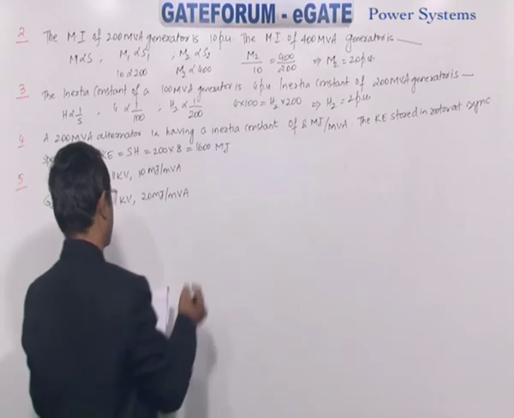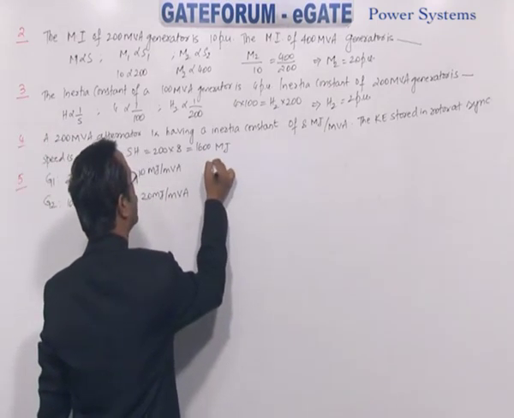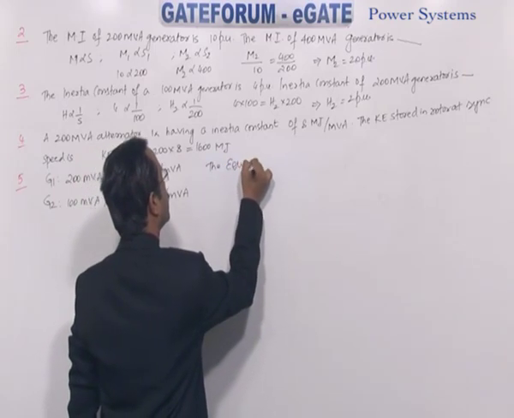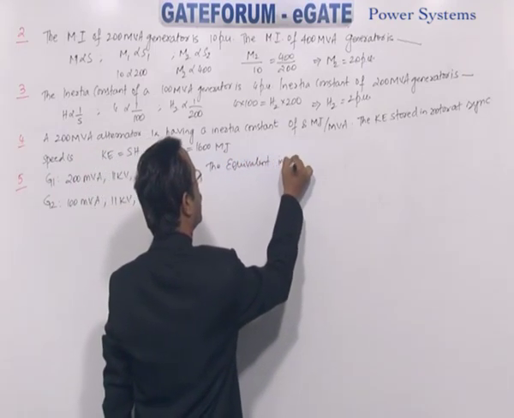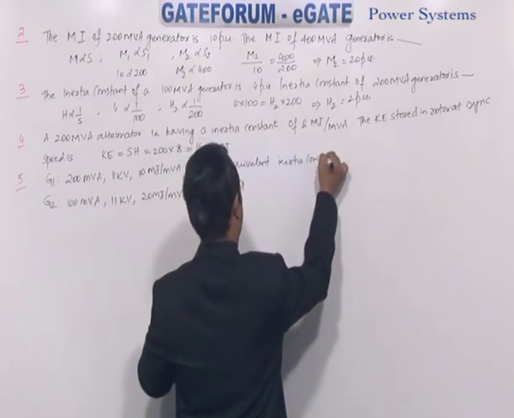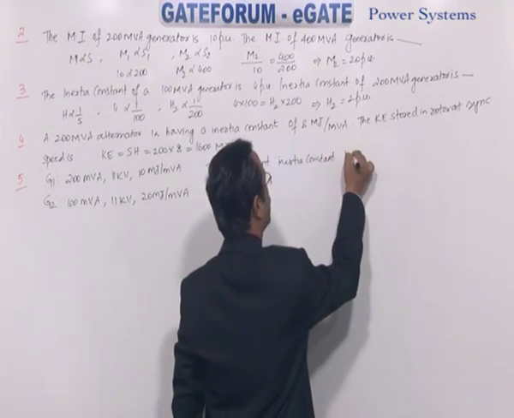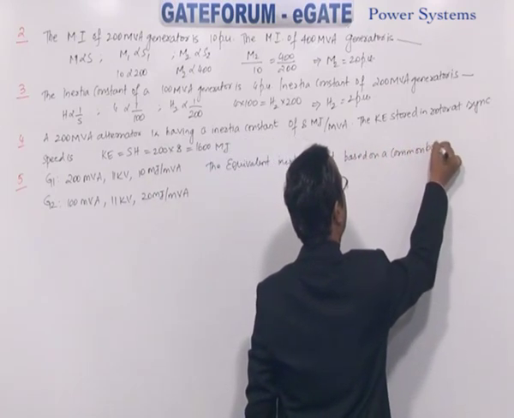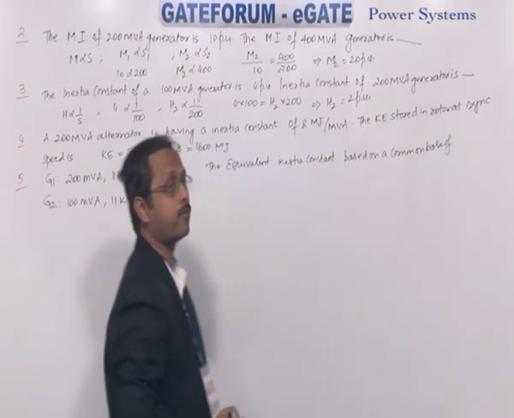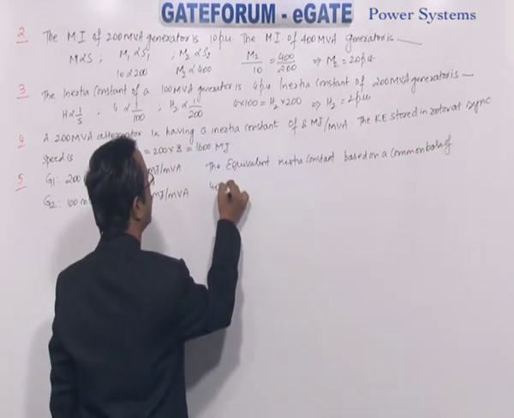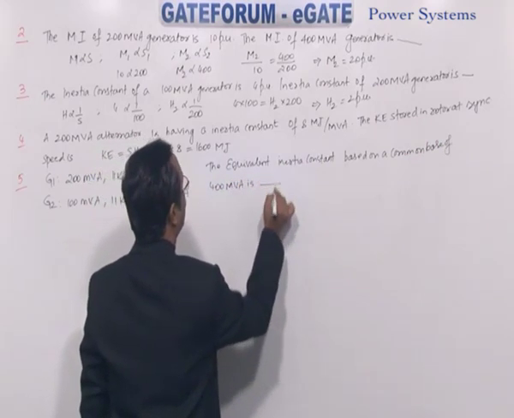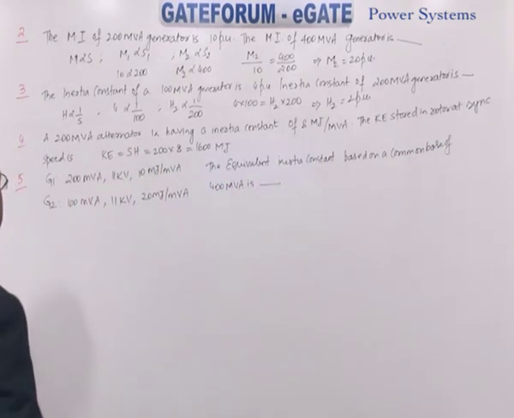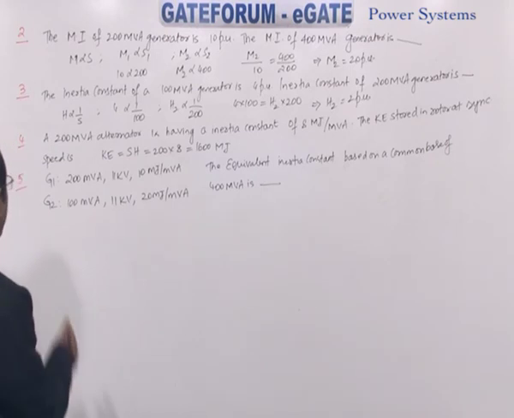So now the question is, the equivalent inertia constant based on a common base of 400 MVA. So we have to calculate the H value now.